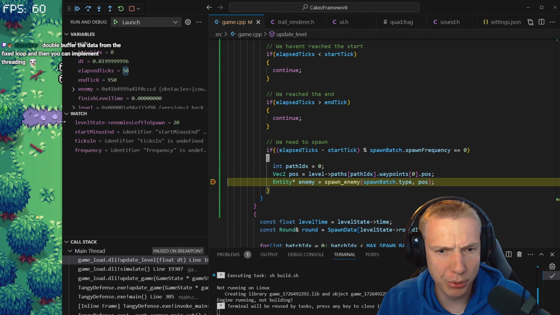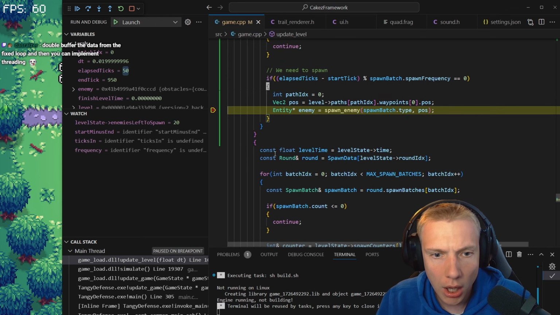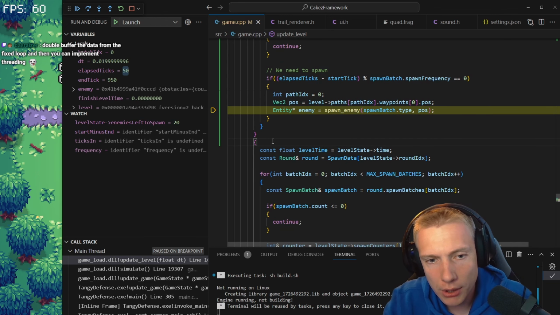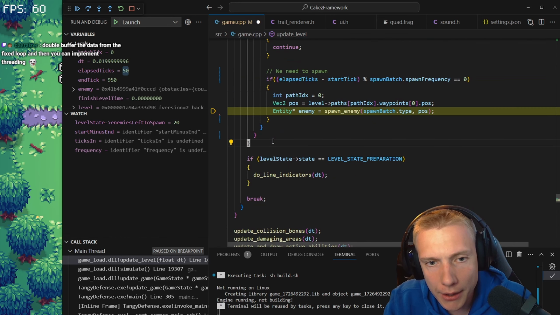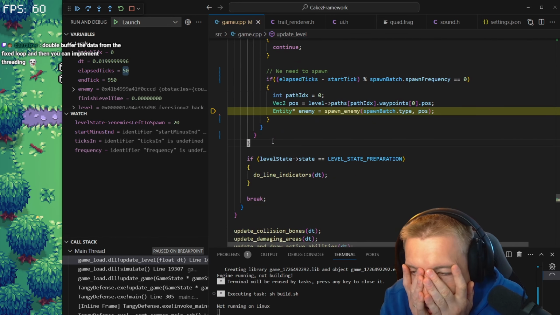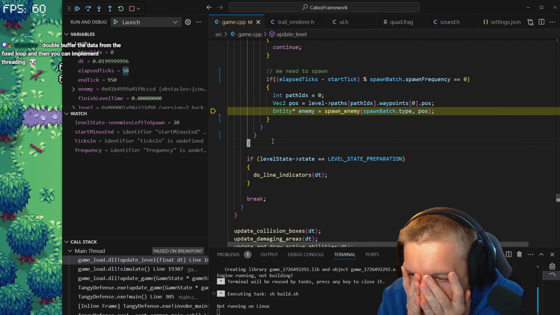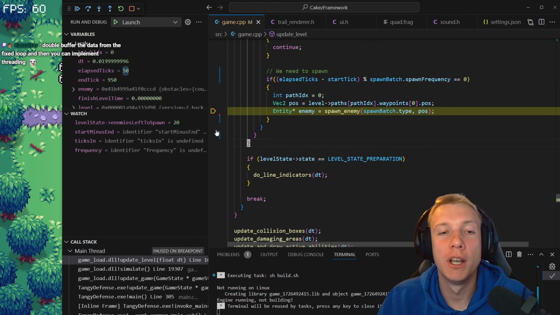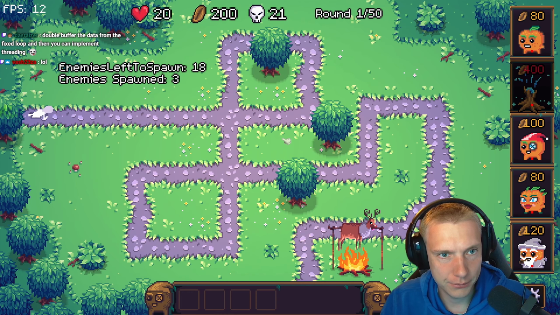Wait, it already spawned an enemy. Oh my god, I used 2 spawn systems. That's why. I was using the old spawn system. It's fine. It's fine. We fixed it now.